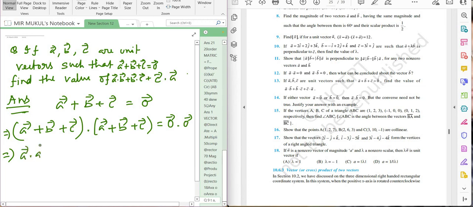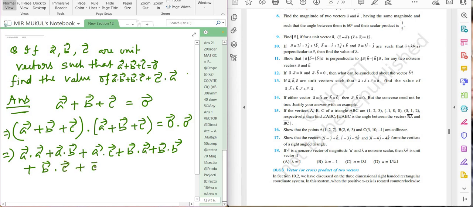So A dot A plus A dot B plus A dot C plus B dot A plus B dot B plus B dot C plus C dot A plus C dot B plus C dot C equals 0, because 0 vector dot 0 vector will be 0.